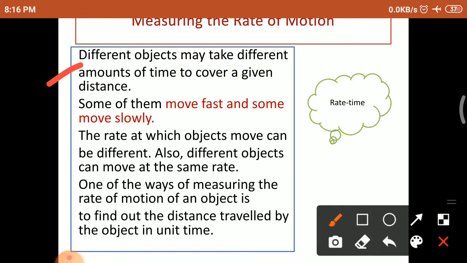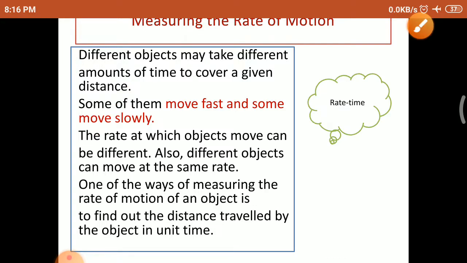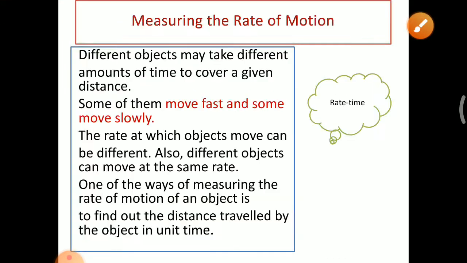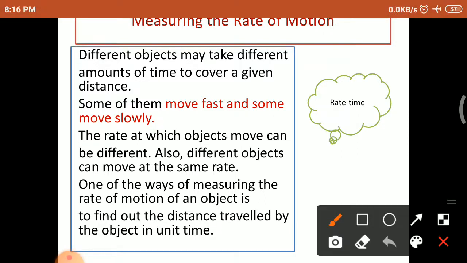Different objects may take different amounts of time to cover a given distance. Do you understand this sentence? You take two different objects, one is a car and another one is a bicycle.